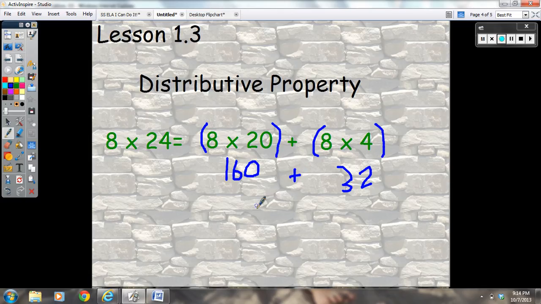From this point, I can see that the value of that expression is 192 using the distributive property. Again, I took the number and multiplied it by the value of each position, so 8 times 20, 8 times 4, and then I add them together to get my value.